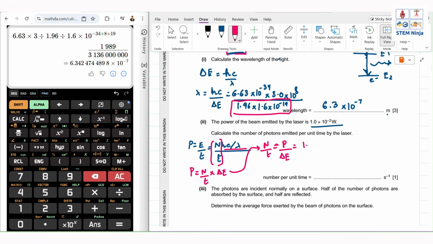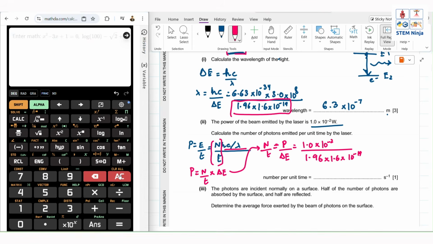So power is given as 1.0 × 10 raised to power minus 2, divided by change in energy, which is 1.96 times 1.6 × 10 raised to power minus 19.